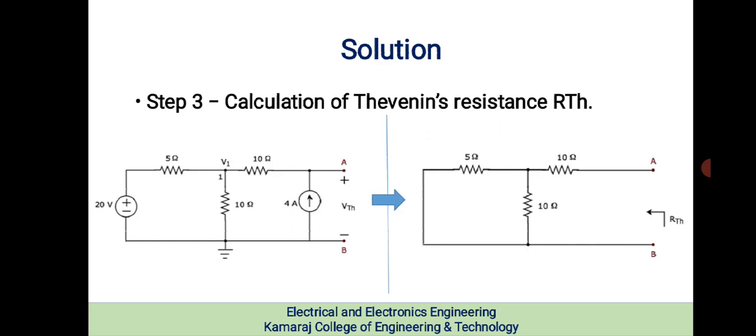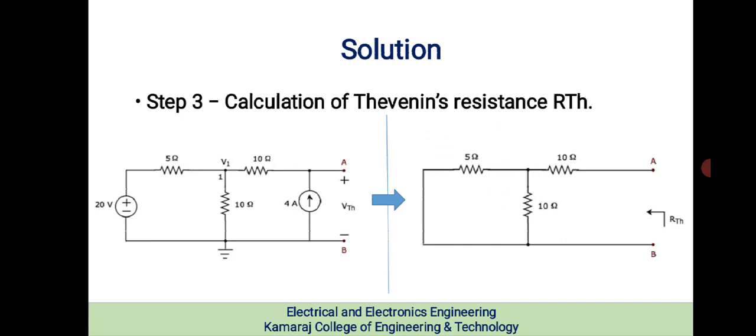Next, we are going to find the Thevenin's resistance RTH. To find the RTH value, we need to eliminate the sources. So the voltage source is short circuited and the current source is open circuited. After that I redraw the circuit here. Here the 20 volt source is short circuited and the 4 amp current source is open circuited. After that we draw the circuit, looking from terminals A and B. The RTH value contains 5 ohm and 10 ohm.